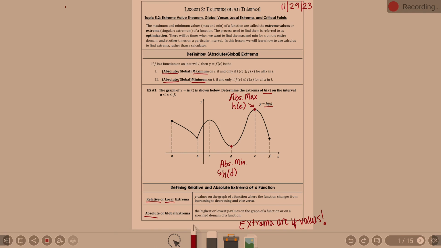Relative max is A and C. Okay, so at C, we have a relative max, and that relative max I would call h of C, because that is the y value, right? You plug C into h, that is the y value.